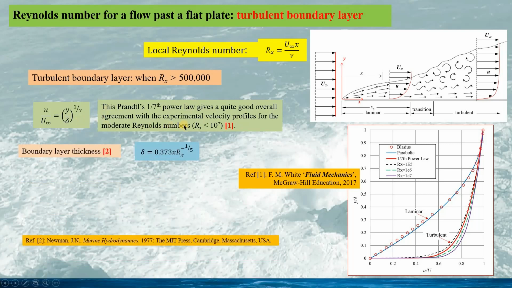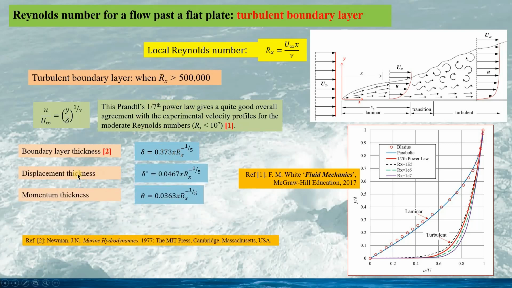Based on this 1/7 power law, we can calculate the boundary layer thickness for the turbulent boundary layer given by this. Here we can see the boundary layer thickness is proportional to the local Reynolds number to the power of minus 1/5 rather than the Reynolds number to the power of minus half. This means the turbulent boundary layer thickness would be much larger than the laminar boundary layer.